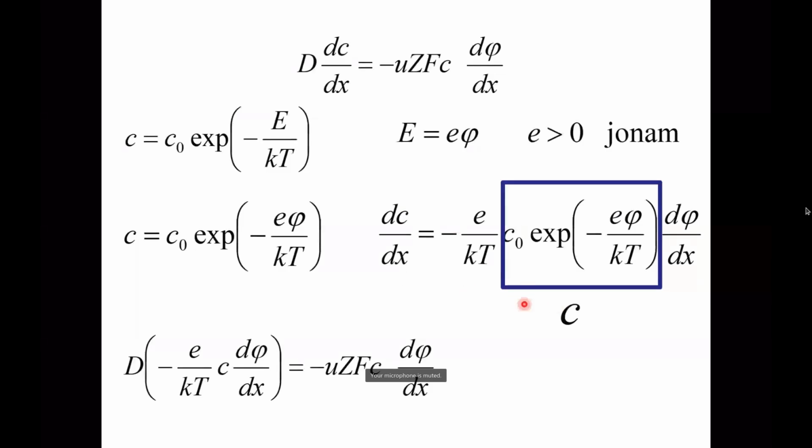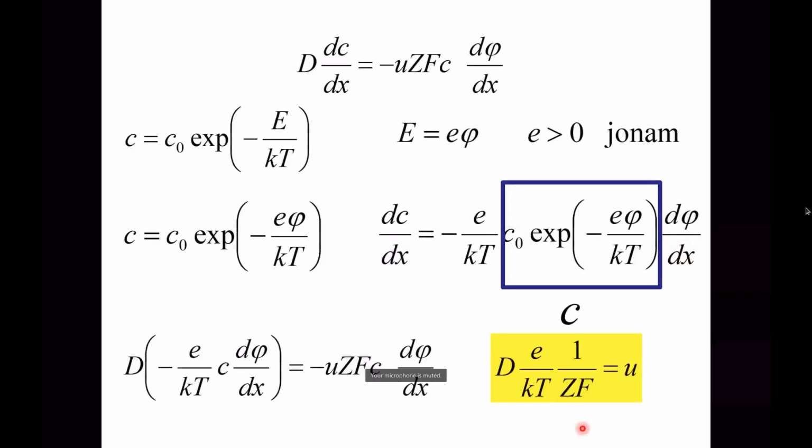This is this one with C, with this one. And this must be equal to this one. So D dC dx, the same that we had before. So finally, I have the formula: have a look, exactly the diffusion coefficient D is connected with the mobility of the ions.